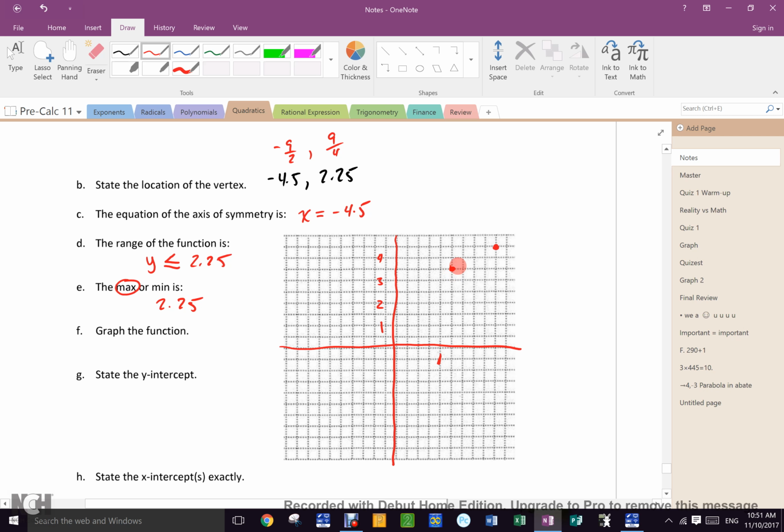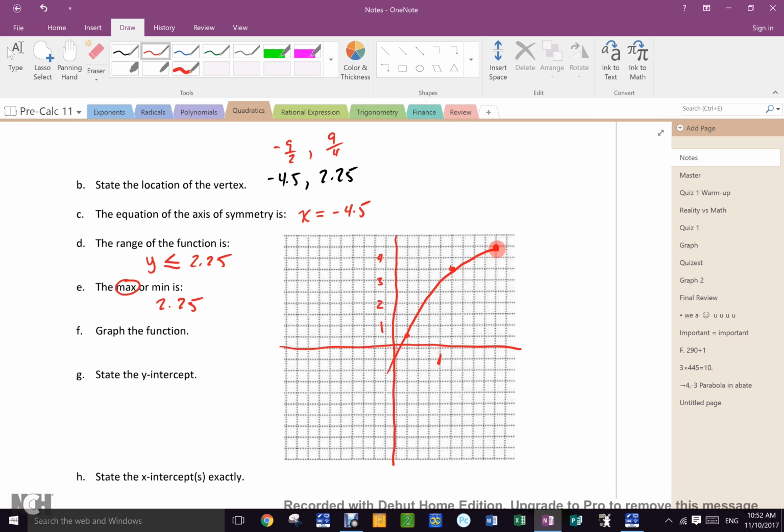Everybody with me? So on my scale, when I go over 2, which is 4, 5, 6, 7, 8, I got to go down 1, 2, 3, 4. So for my graph, it's going to look like that, based on my scale and where I put my axes.